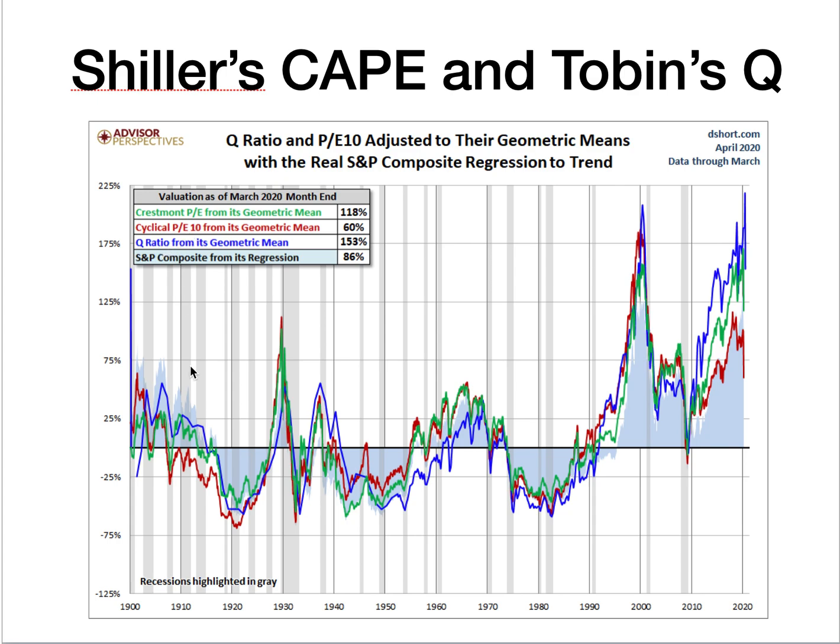And what I want to emphasize about this graph is when they say it's deviations from its geometric mean, what they have done is taken the logarithm of these series and subtracted the mean off. And so this is the deviation of each series in logarithms from the mean of that series in logarithms.